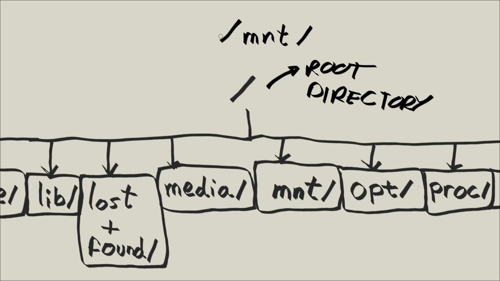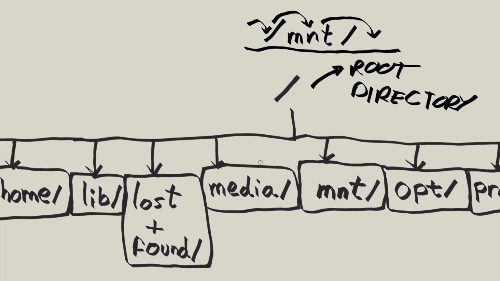This is the path which tells us: if you are starting from the root directory, go to the mnt directory, and then within the mnt directory we could have another directory, etc. A path is a hierarchical relationship between directories, and it tells what I just explained.